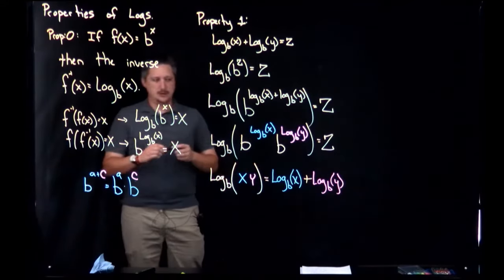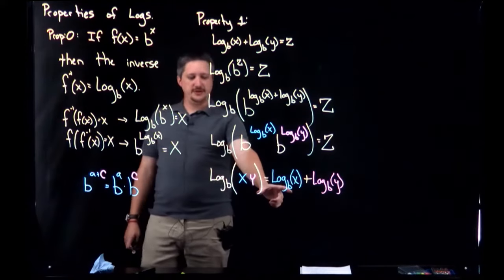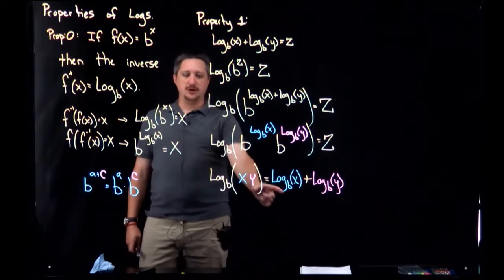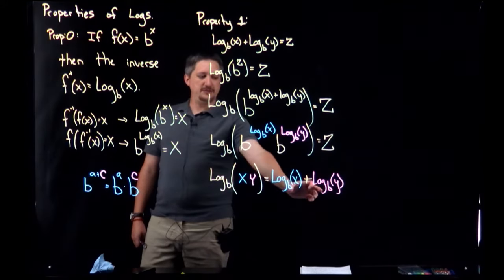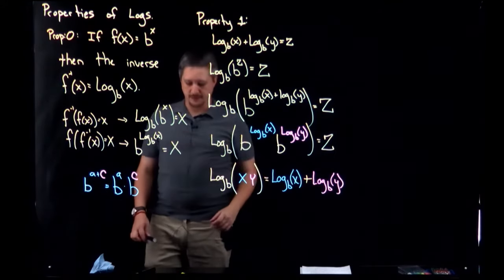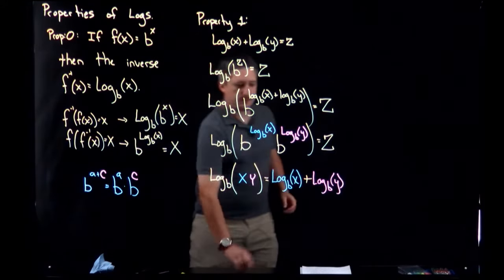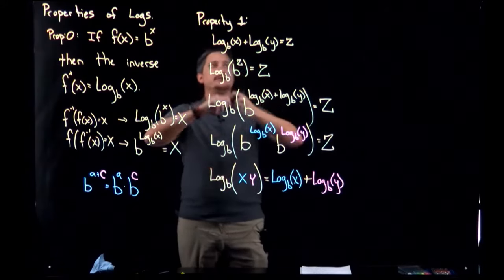Okay? And in fact, this right here is property 1, meaning we have log base b of x times y is log base b of x plus log base b of y. Okay? So it's literally this, but I'm going to write this up here.